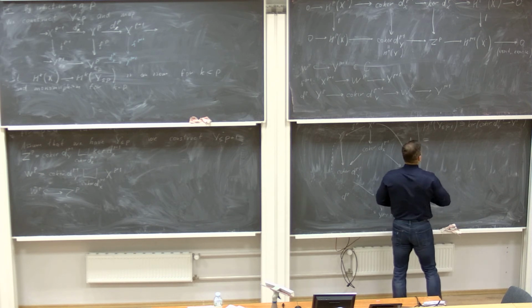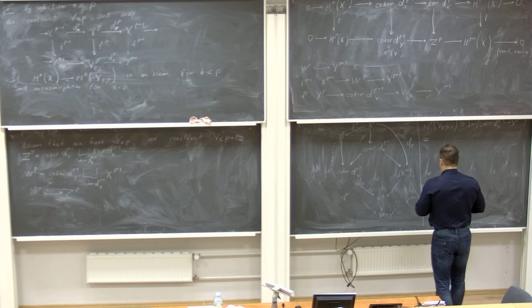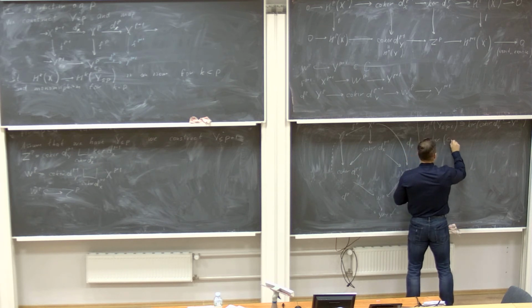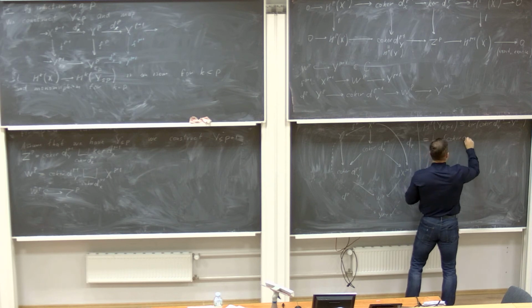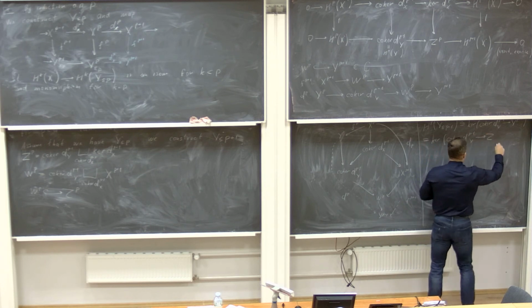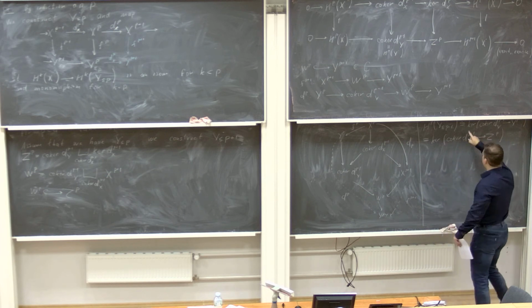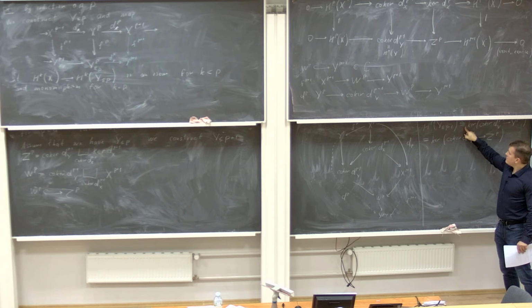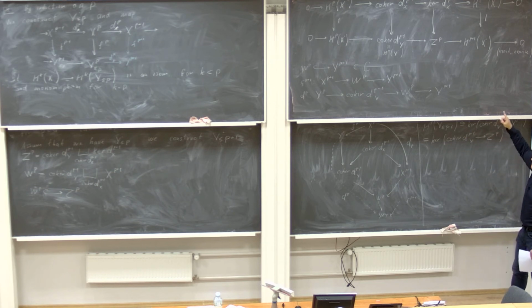Now, from the commutativity of the diagram, I can replace this kernel with the kernel of the map from the co-kernel of the d on Y, which is mapped to the Z_p. So this first part is essentially equivalent to the definition of the cohomology. Now the second isomorphism follows from the commutativity of the diagram.